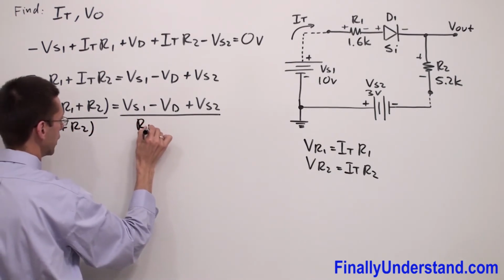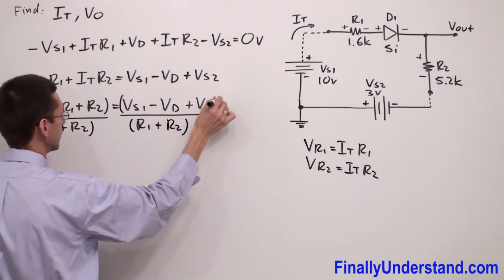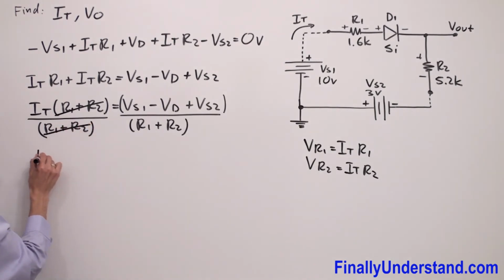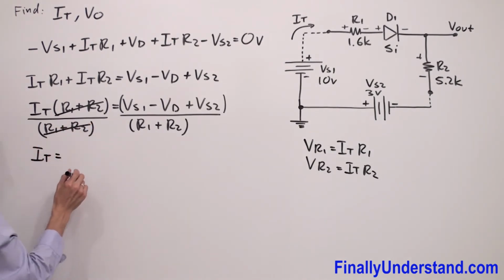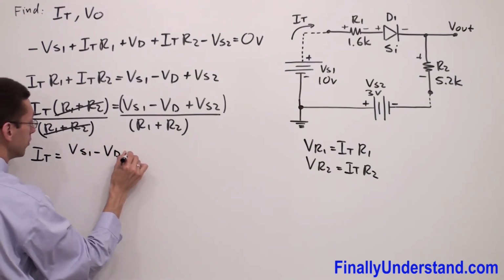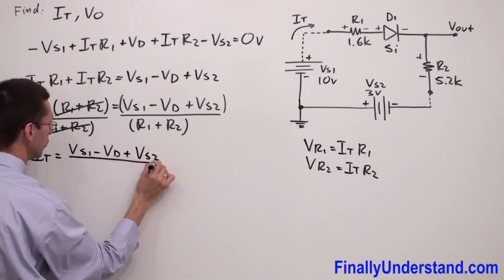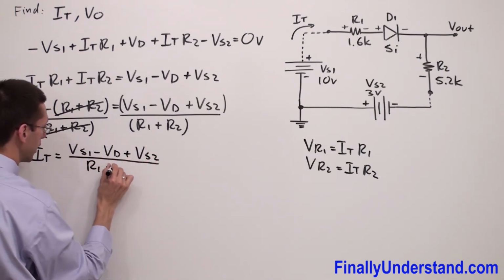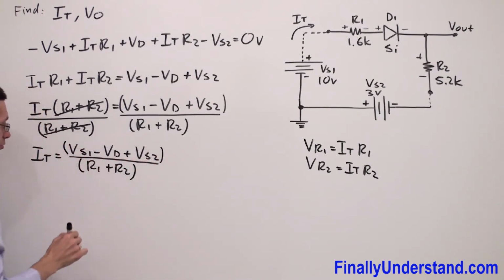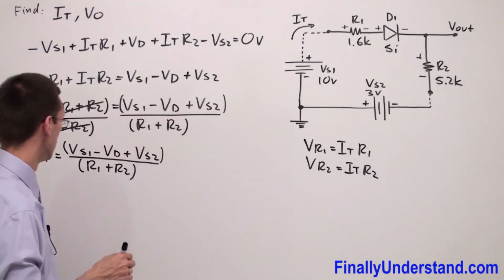And I have R1 plus R2. This and this will cancel out. So I have I total equals voltage source 1 minus Vd plus voltage source 2 over R1 plus R2. I want everybody to be familiar with algebra. This is going to save your life in the future.